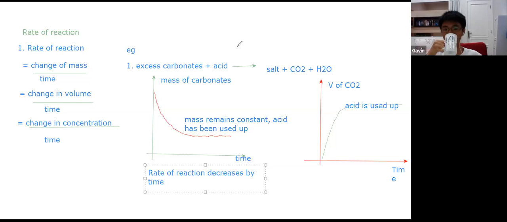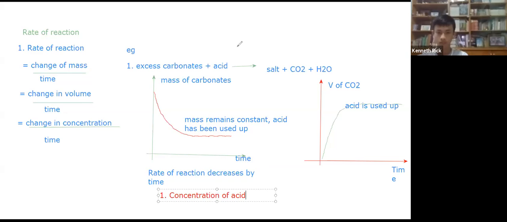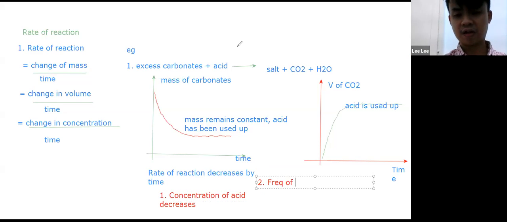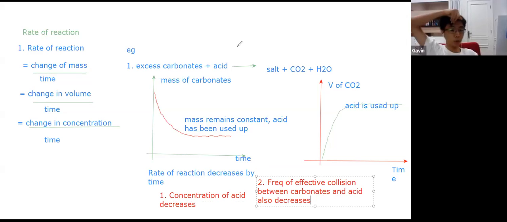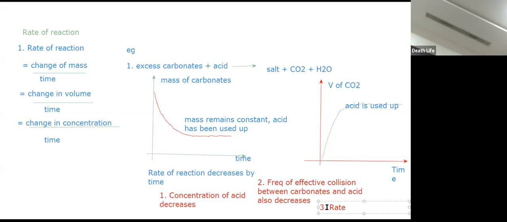The concentration of acid decreases, so the frequency of effective collisions between the carbonates and the acid also decreases. Are those two different reasons, or is it one continuation? It's a continuation. So it means the rate of reaction will decrease, right?